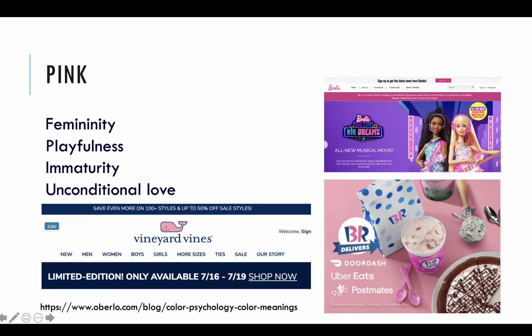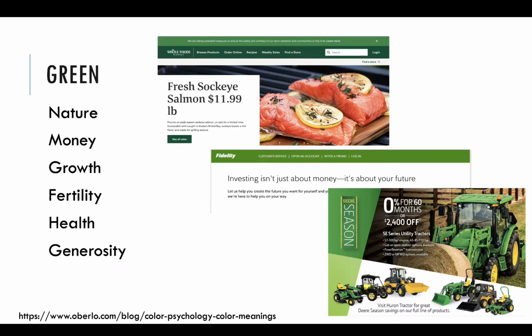You'll find maybe a lot of pink is used in food products such as ice cream and yogurts, and very playful, vibrant brands. Barbie is a big pink color. So think about pink as often aligned to femininity or princess-like, young, etc. So think about pink in that way.